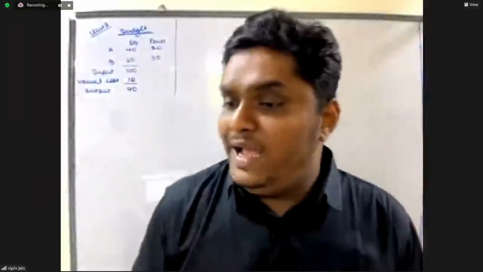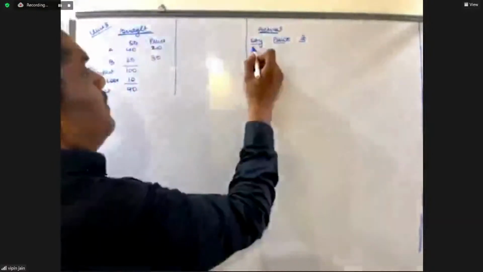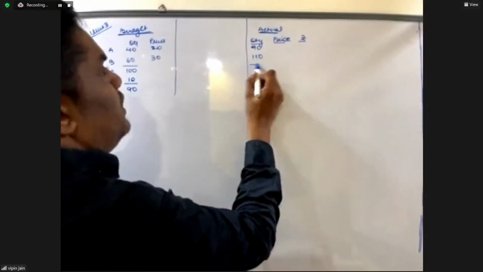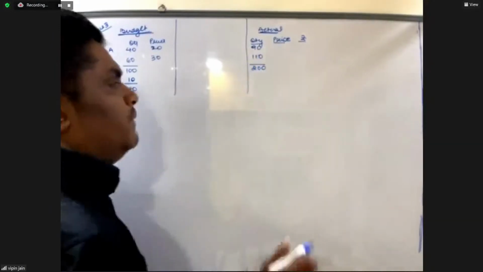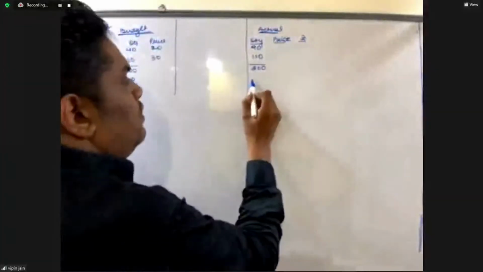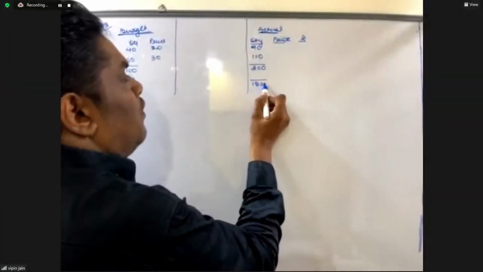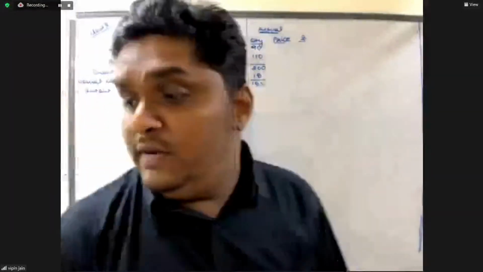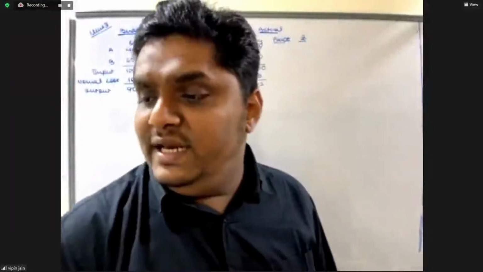So when talking about the actual quantity and actual price, it is 90, 110. The total input is 200. Further, it is mentioned in the question that the output is 182. So 18 will be the normal loss. Further, when talking about the price, it is 18 and 34.